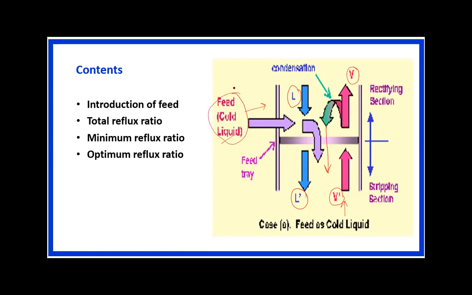That is why the feed condition must have a parameter, which is nothing but a small q. So in distillation, the feed conditions are represented by the q parameter, and the lines on the XY diagram are represented by the q line.